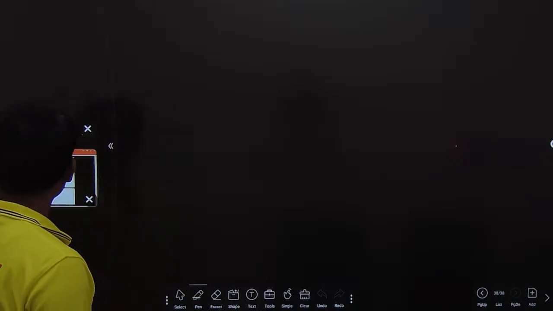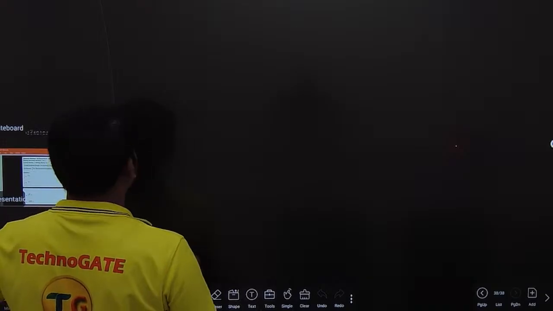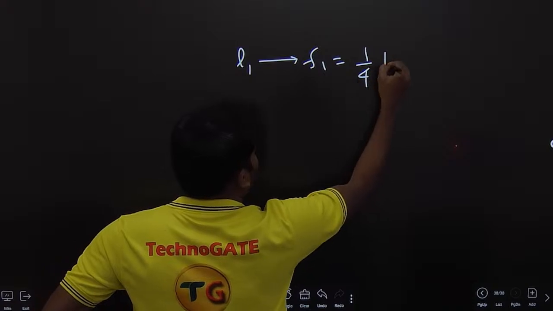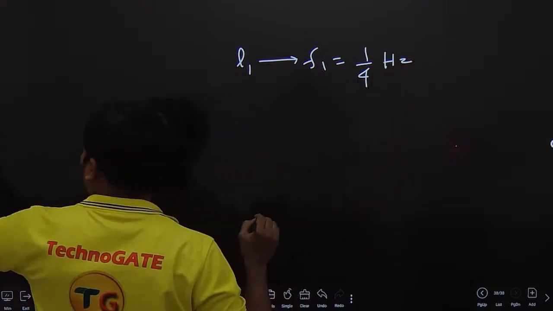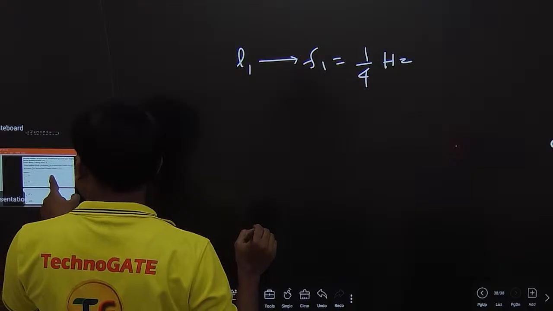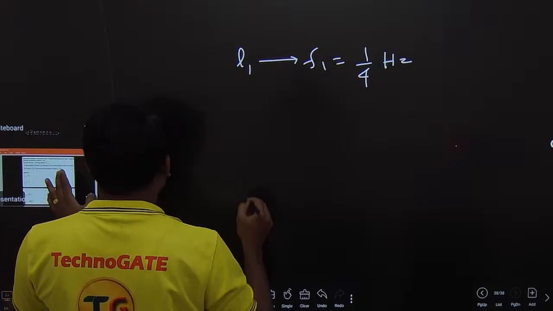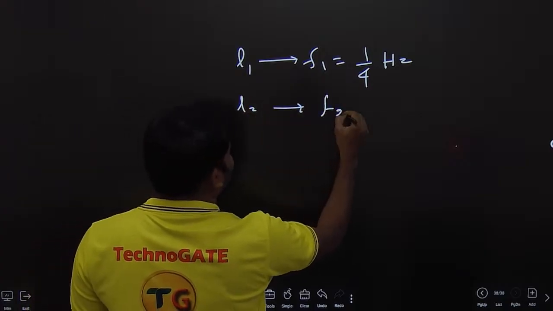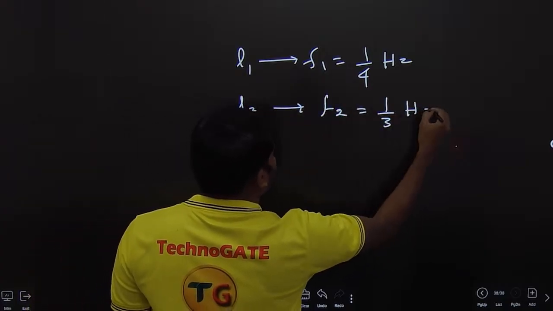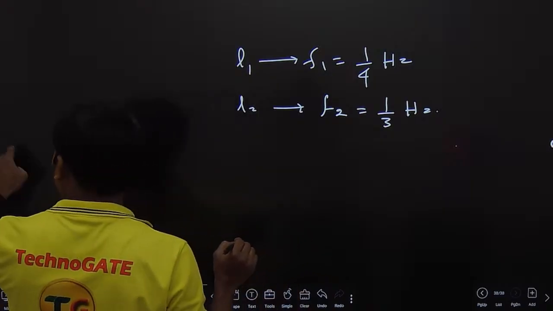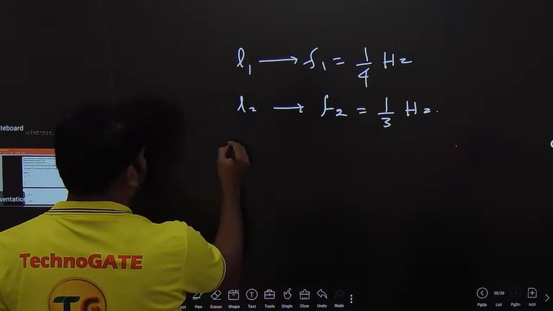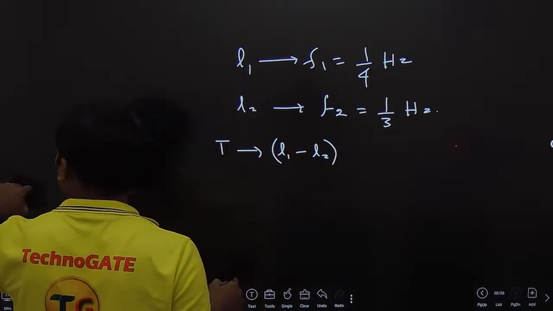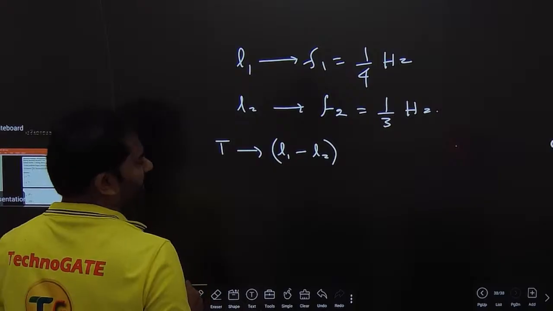The simple pendulum of length L1 has a frequency of 1 by 4 Hz, and another simple pendulum of length L2 has frequency of 1 by 3 Hz. Based on this we need to get the time period of a simple pendulum whose length is the difference of these lengths, L1 minus L2.